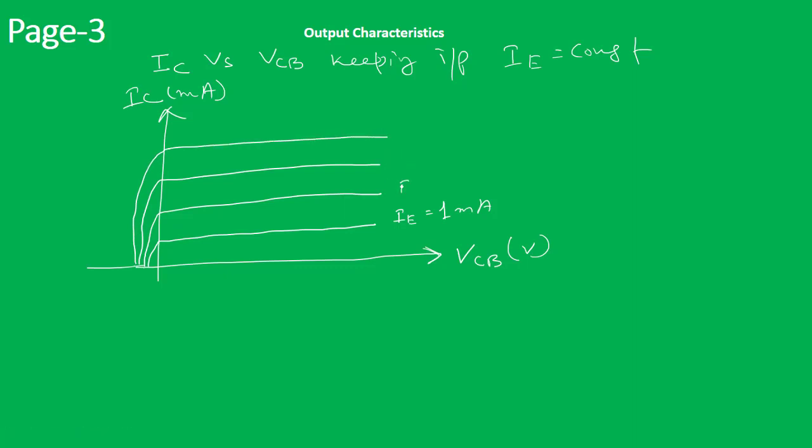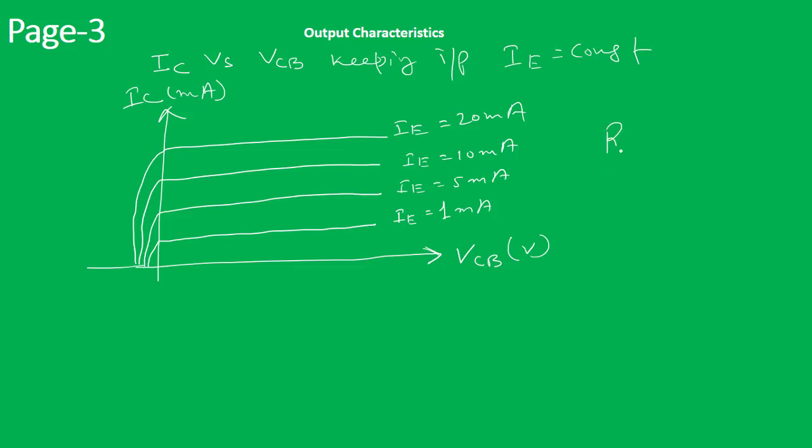Say this is IE equal to 5 milliampere, here IE equal to 10 milliampere, IE equal to 20 milliampere, and so on. So this kind of output characteristics we can see, and from here you can see that for a very large variation of voltage in this particular region, the current is not changing much.